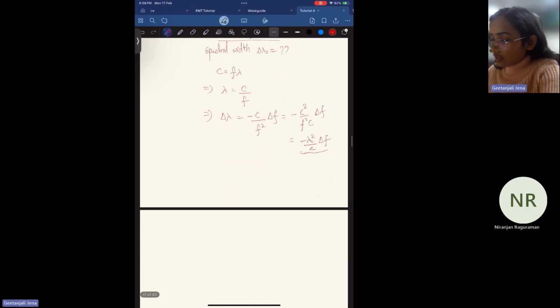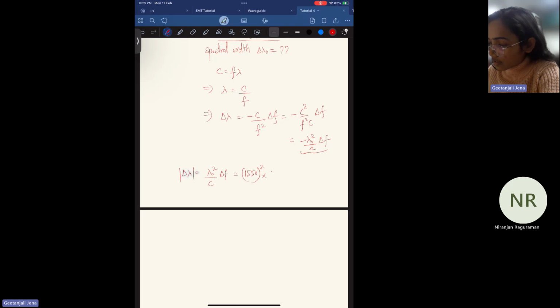So let us see. Mode of delta lambda is lambda 0 square over C delta F. Lambda 0 is 1550 nanometer, so 1550 nanometer square.